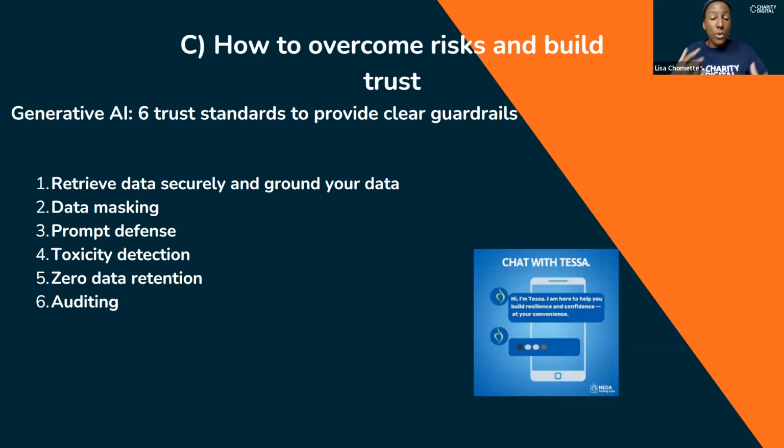And then you can also run toxicity detection, which is essentially making sure that it doesn't have harmful, abusive, or violent content. Make sure that no data is retained longer than it needs to be, and make sure you have an audit trail so you know who does which change at which stages and for what.